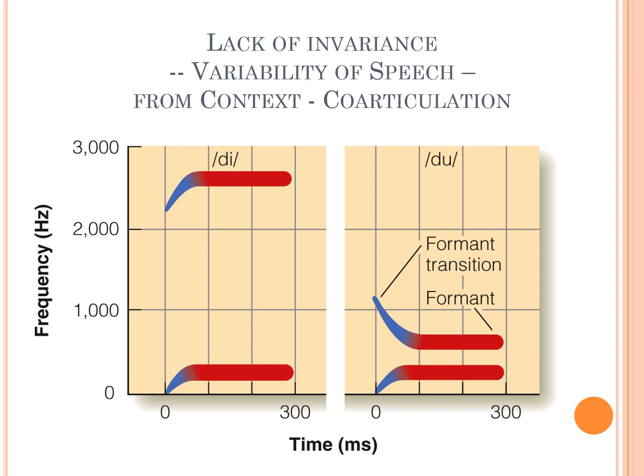So it's moving up in that high range, versus in do, because those formants are lower, the formant transition is going from about 1100 hertz down to about 800 hertz. So it's going down, and it's at a lower area as well. So how do we hear d in those two really different contexts?